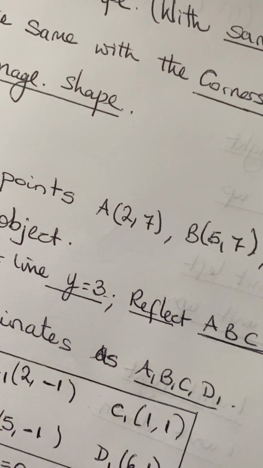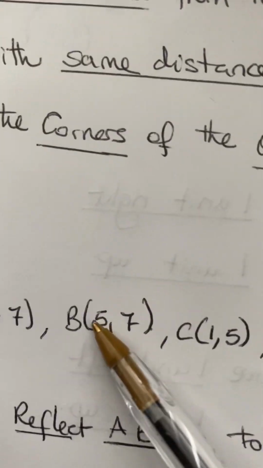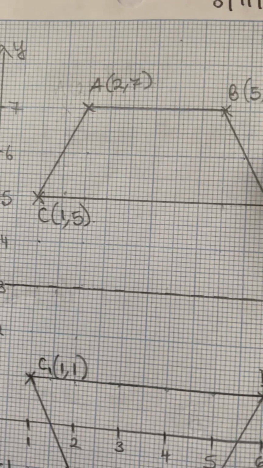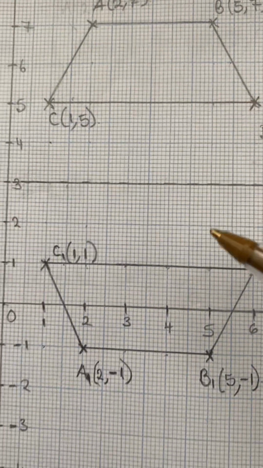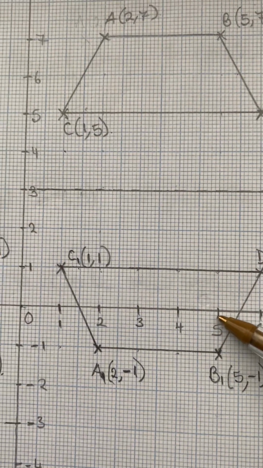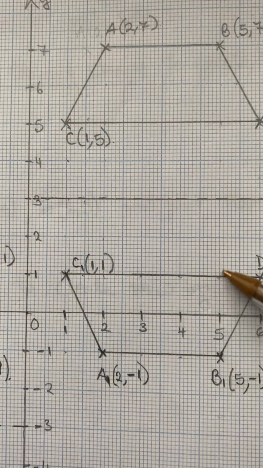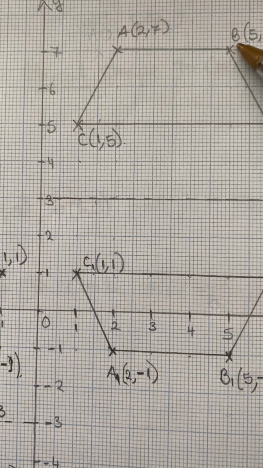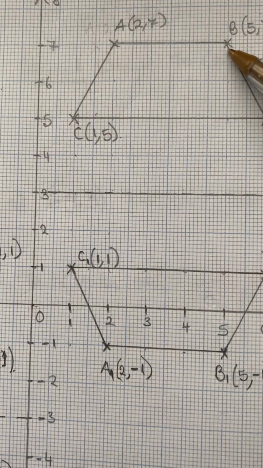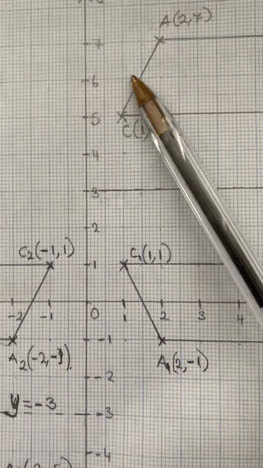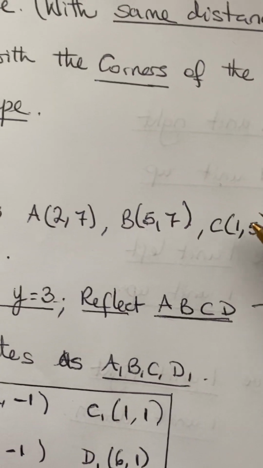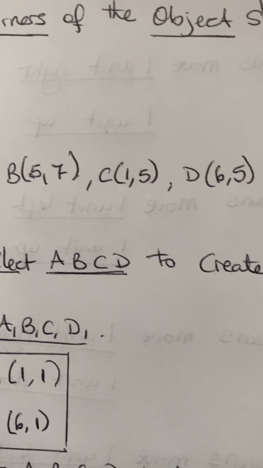Now B(5,7). So on the x-axis, I'm going to look for 5, all the way up to y 7. That is my B. C(1,5).